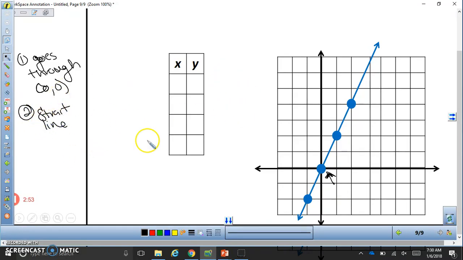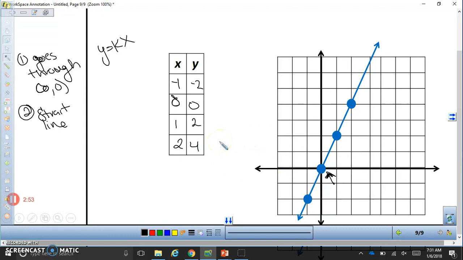So this is direct variation, meaning y equals kx is how we're filling this in. So let's fill in our table. -1 is down 2. We have 0, 0. 1 goes up 2, and 2 goes up 1, 2, 3, 4.